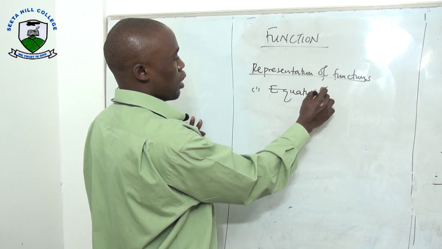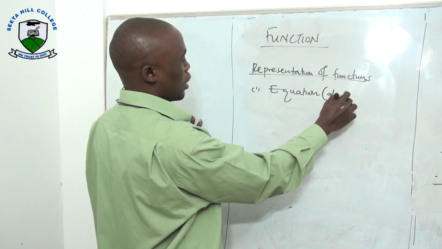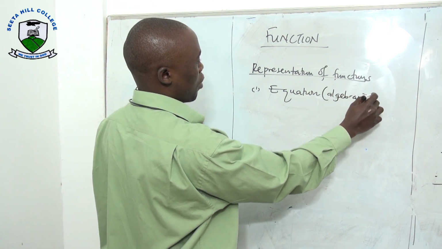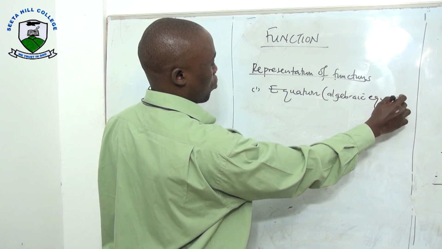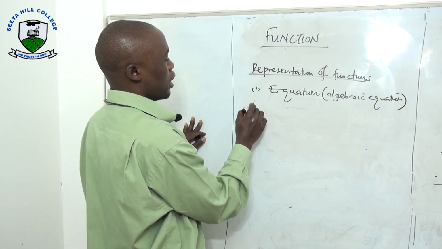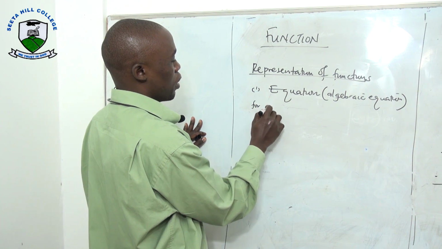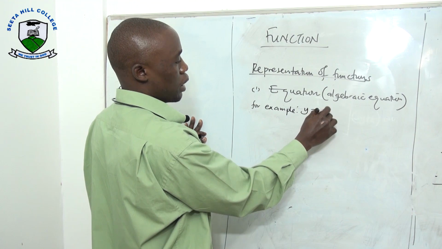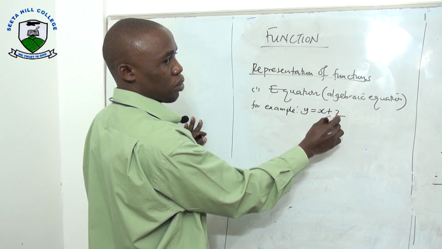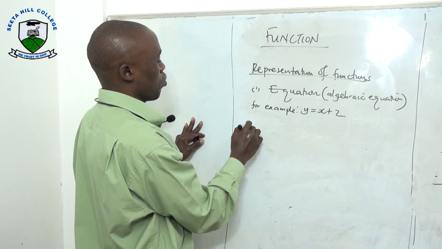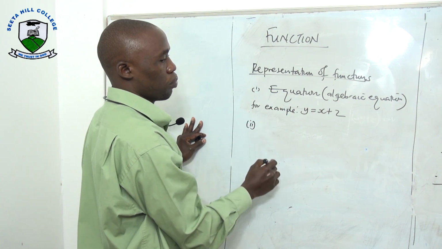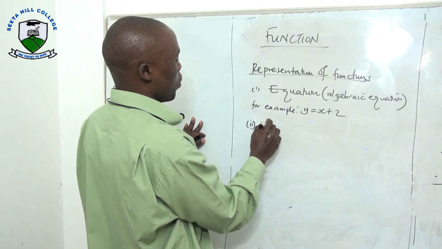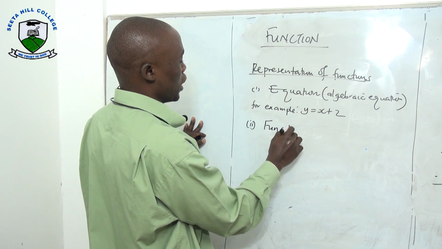An equation. This is called an algebraic equation. For example, y equal to x plus 2. Secondly, we can represent it using a function machine.